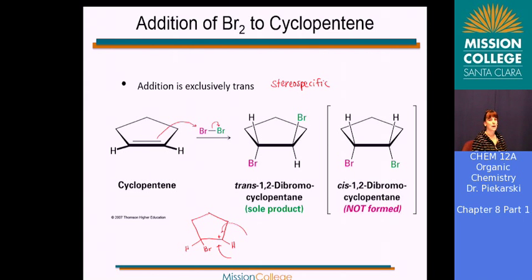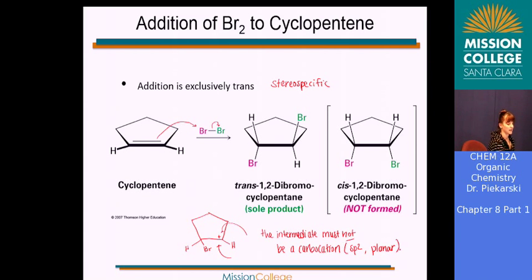But that's not how it works out here, so the intermediate must not be a carbocation. Because carbocations, remember, are sp2 hybridized and they're planar. So we would get a mixture of products in this case, but we don't.